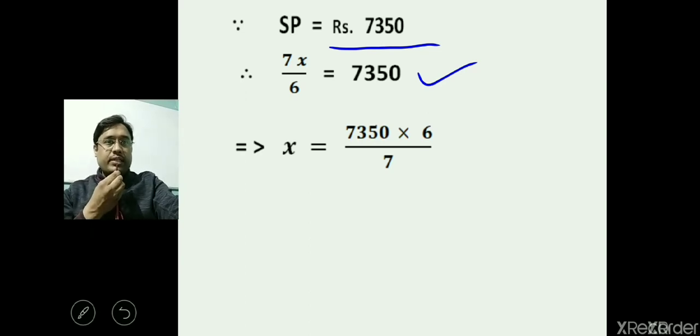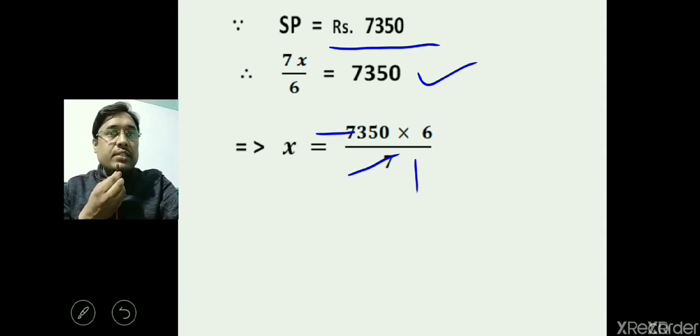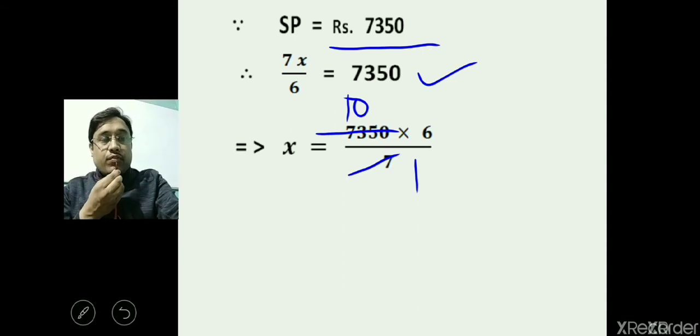Now you can cut it easily: 7 into 1 time is 7. Then 3 is not divisible, so you write 0. Then 35, so 7 into 5 times is 35. Now a 0 is remaining, so you write that 0 after that. So it is 1050.